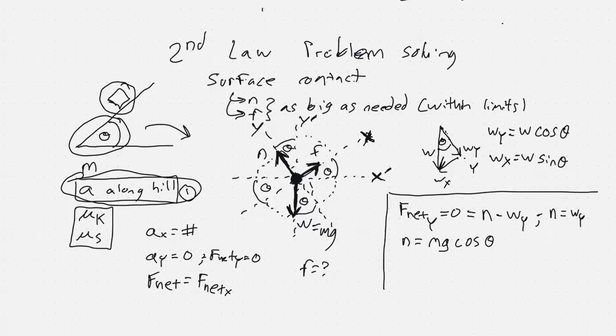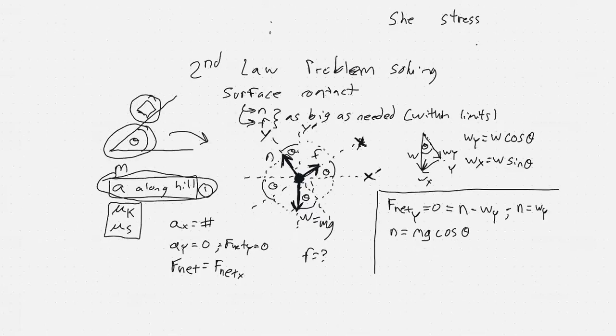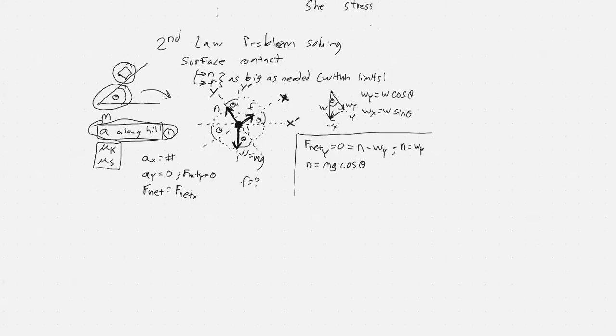So then what I could do is look to see what's going on in the x-axis. That's where my acceleration is. So I know that F net x is going to be equal to m a, and technically it's ax because acceleration is along the x-axis.